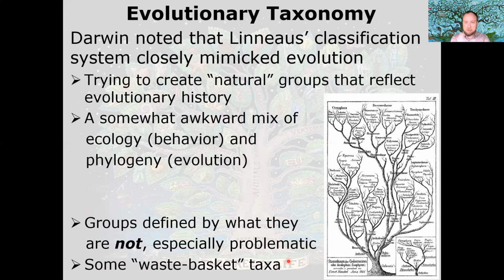They're very different from other mammals. Let's make a group that's just them. Now, they may or may not share a common evolutionary history, and that can be problematic, defining things that way. So this is the way that we usually do it. This is the high school level biology classification scheme.